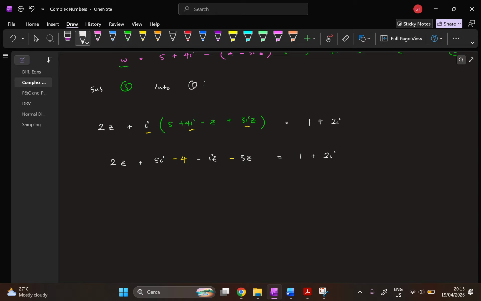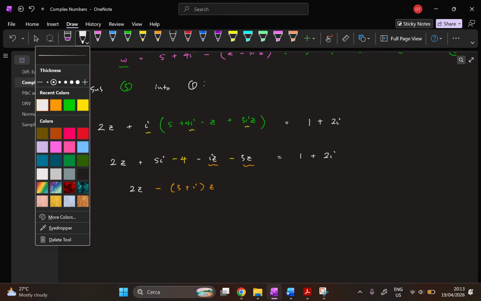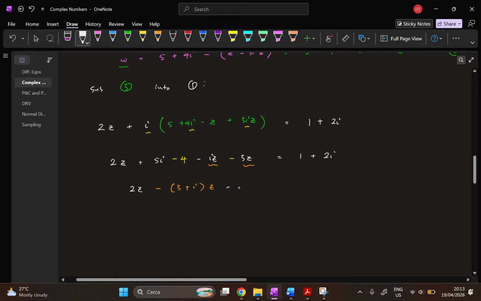So I want to factorize the z terms out, right? So there's going to be minus 3 plus i z, minus 4 plus 5i equals to 1 plus 2i.